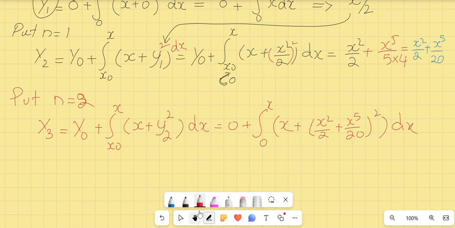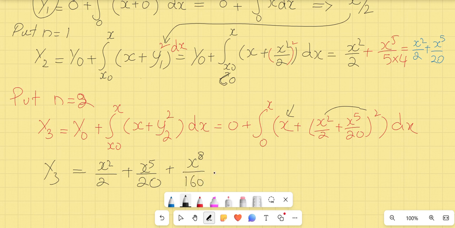So please try to solve it. Once you solve it, you will get x squared by 2 already, and x to the 5 by 20 you will get from here, and then you will get another term which is x to the 8 by 160, and finally another term which will be x to the 11 by 4400.